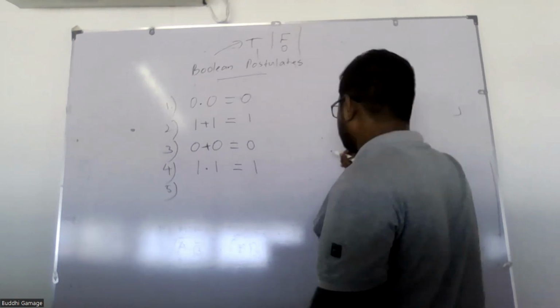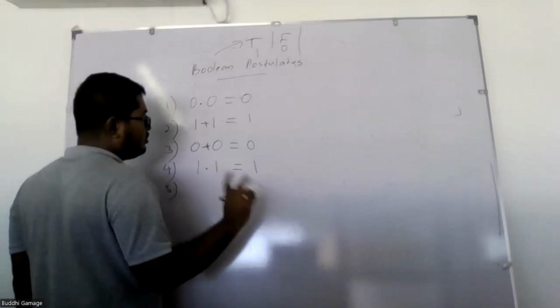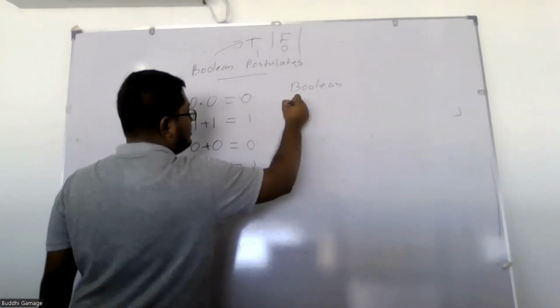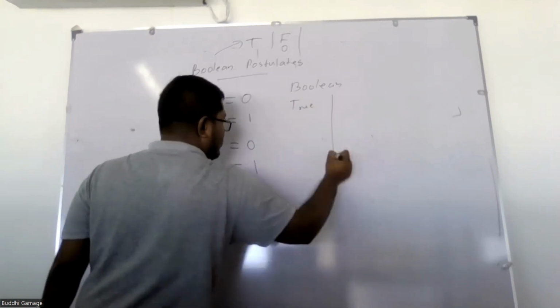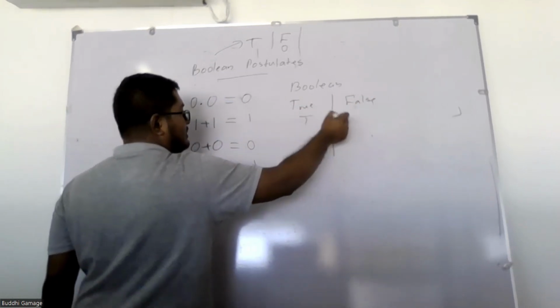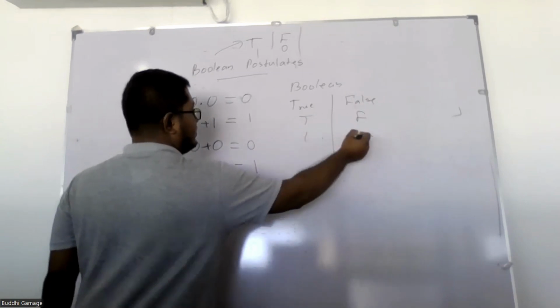Boolean means only 2 outputs, true and false. So we can denote it by true and false, T and F, and 1 and 0.